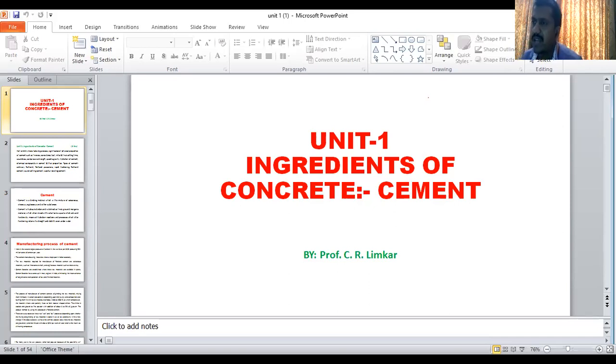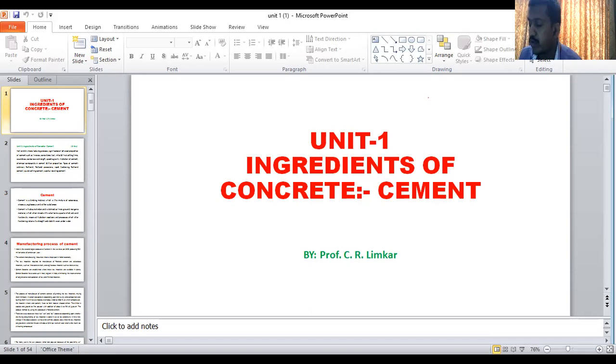Okay, that is the standard size of that cube, 7.07 centimeters: length, width, and depth. That is the size of the cube we use to find the strength of cement mortar. After filling, you are going to compact it on the vibrating table.